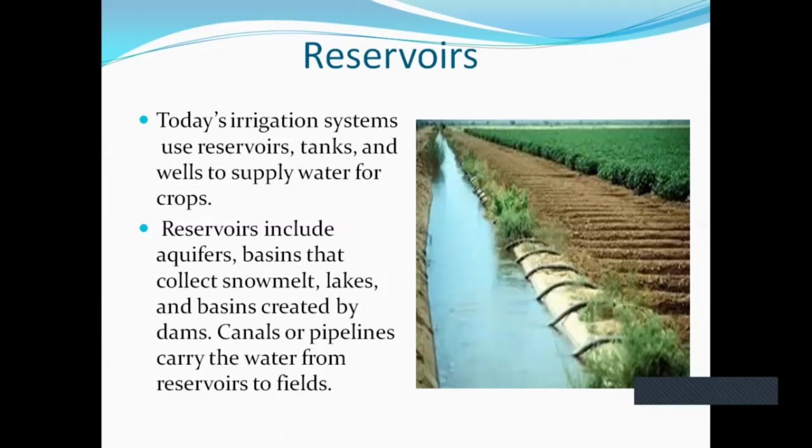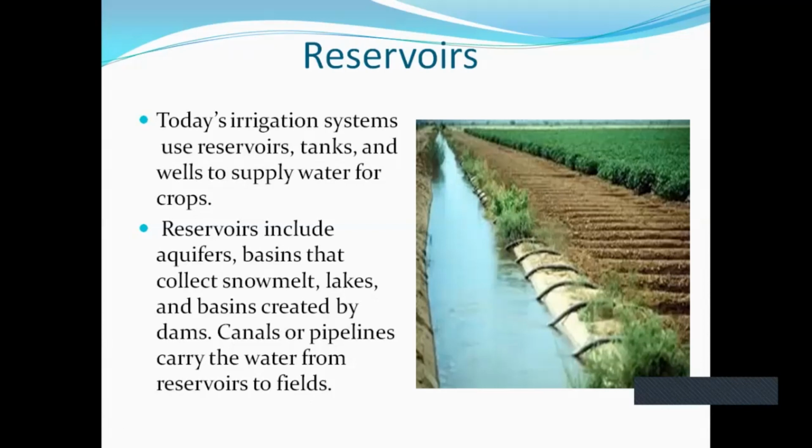Water can also be collected from snow melt. You all know that in the Himalayan ranges there is a lot of snowfall. In the winter season there is snowfall, and in the summer season the snow starts melting, so this water can be used by the farmer in the Himalayan region.